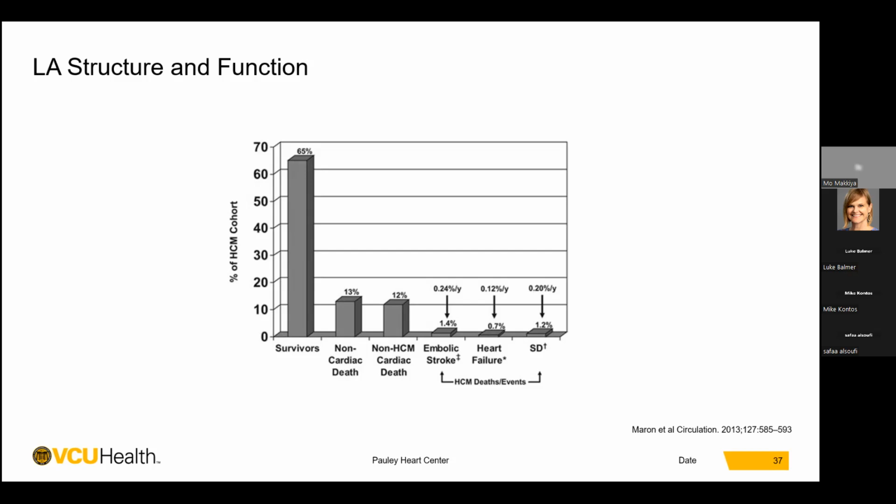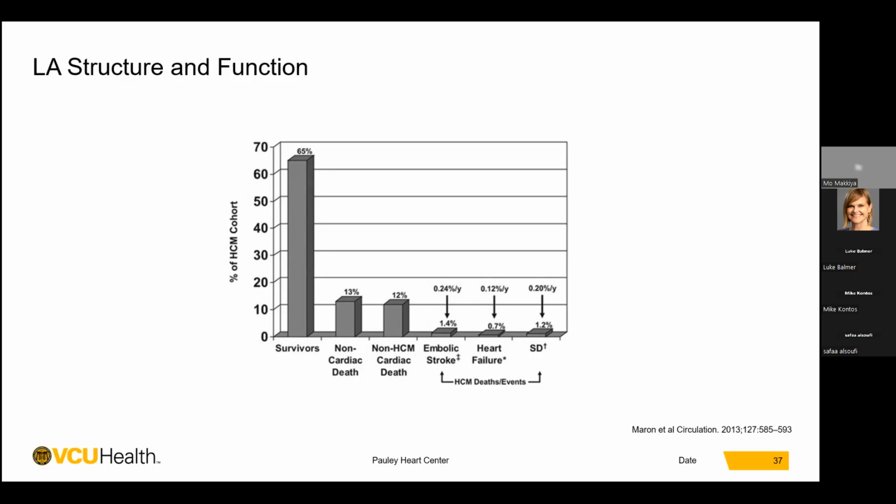In contrast, the most common cause of mortality in elderly patients with hypertrophic cardiomyopathy is complications from stroke due to atrial fibrillation, underscoring the importance of early detection and consideration of anticoagulation if you see atrial fibrillation in HCM patients.